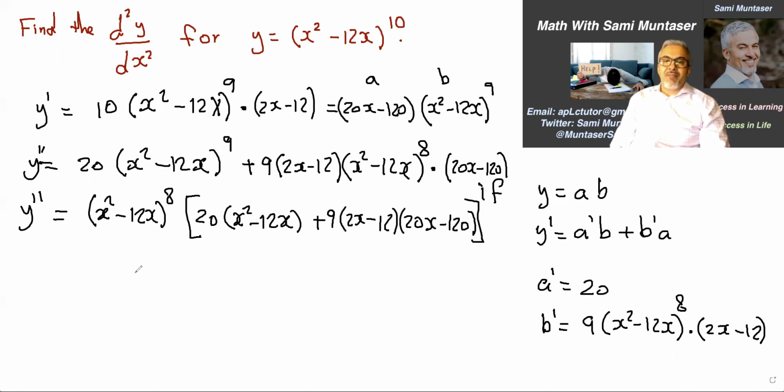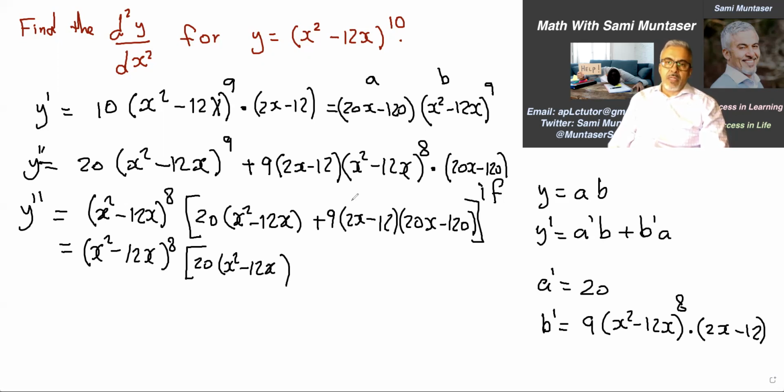If you want to simplify further, you have to do a little bit more. And I'll tell you what you have to do. So I'm just going to rewrite this, x squared minus 12x to the power of 8. Now here we have the 20 right here, x squared minus 12x. Here what I'm going to do, I'm going to pull out a 20 from here and a 2 from there.